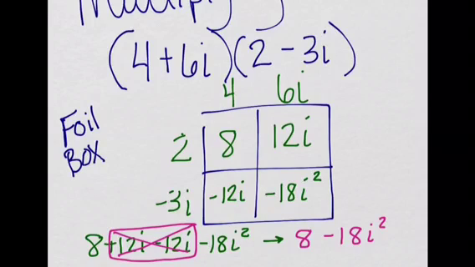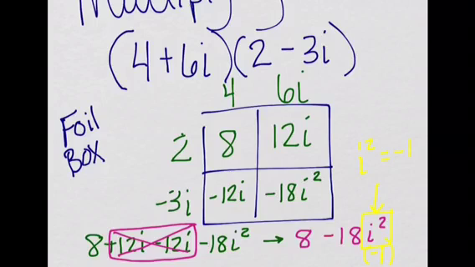So the question is, what can I put right here in the spot of this i squared that is not an i squared? Well, yesterday we said that i squared was equal to a negative 1. So what I'm going to do is simply substitute and put a negative 1 in its spot.